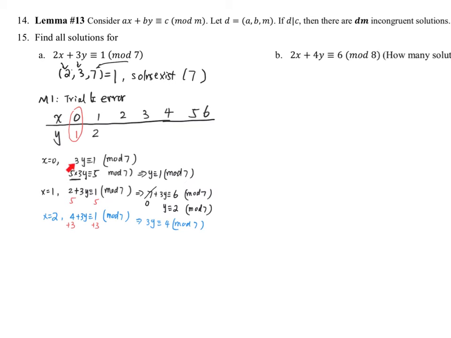And we already see that when you have 3, you just multiply by 5, it will create a 1, because the inverse of 3 is 5. So let's multiply both sides by 5, so 15y congruent to 20 mod 7, which means y is congruent to 20, and then you take away multiples of 7, which is 14, so y is 6. So therefore I know this is 6.